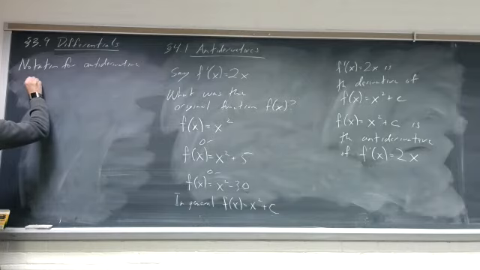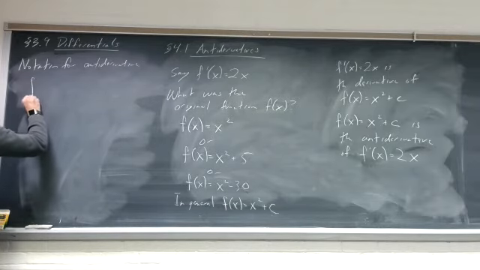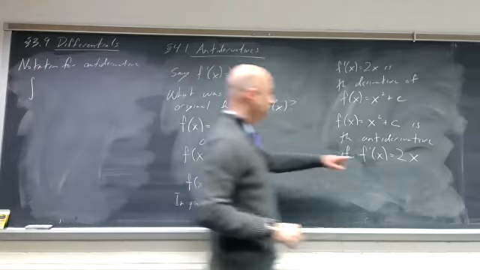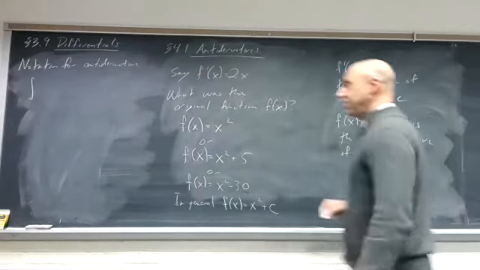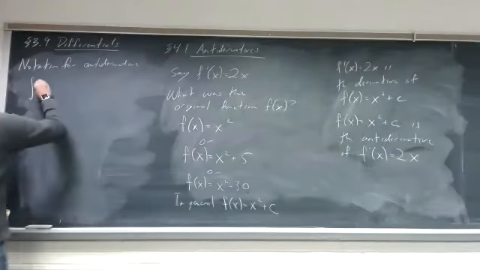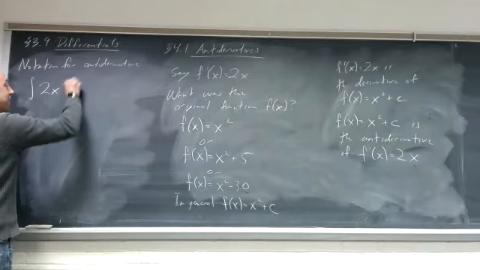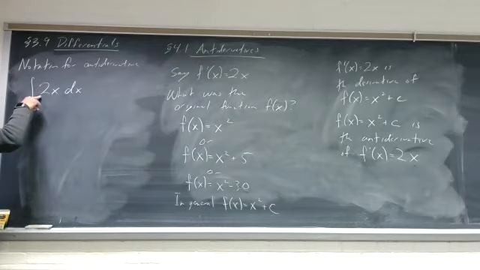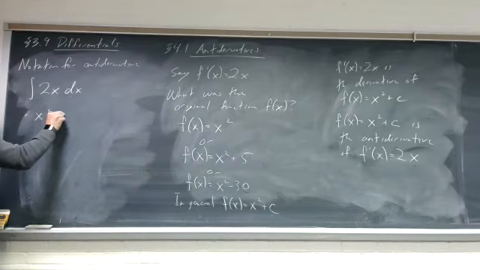We use this notation, an elongated S, and then you put your function inside. And then this should look familiar after that last section, a differential. This just says what is the antiderivative of 2x? And you already told me that it's x squared plus or minus any number.